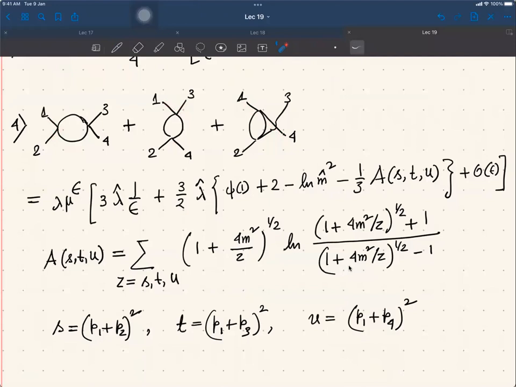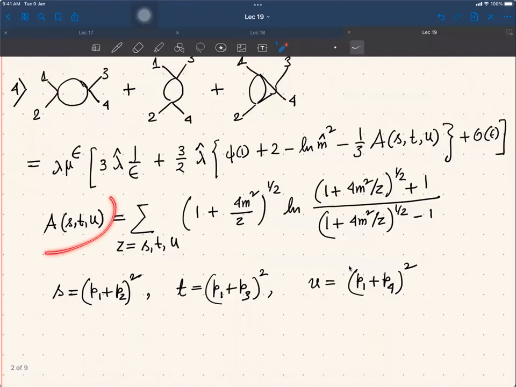As I said, we calculated the fish diagram where the P1 plus P2 combination appears, and you have to replace that by the corresponding variable for the 3 different diagrams. And when we add them, you get this quantity here, and that is the final result after summing up the 3 diagrams.